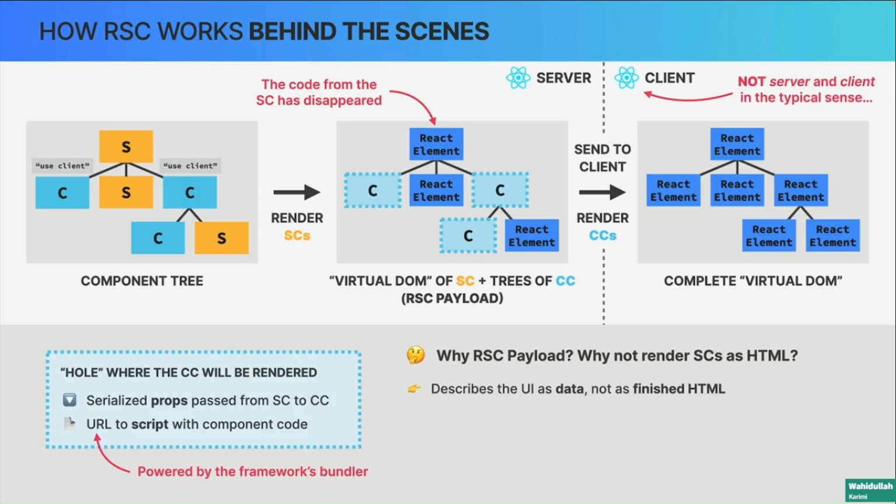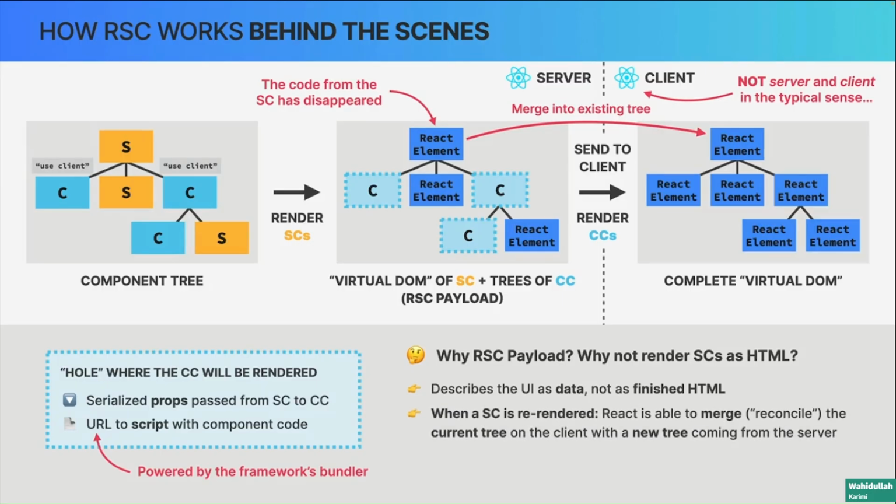So what this means is that whenever a server component re-renders and produces a new React element, that element can basically be merged seamlessly into the already existing virtual DOM on the client. So again, when a server component is re-rendered, a new RSC payload is generated and sent to the client, where React can then reconcile the current tree on the client with the new tree that's coming from the server.